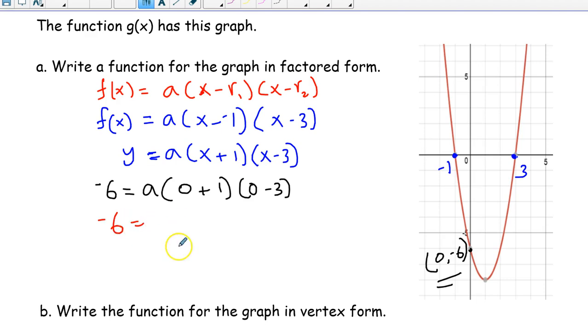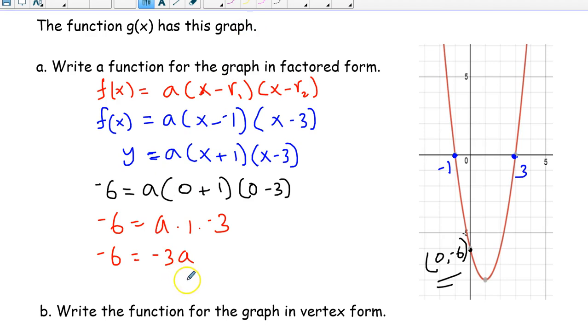-6 is equal to a times 0 plus 1 is 1 times 0 minus 3 is -3. That is nothing but -6 is equal to 1 times -3 is -3a, right? Just basic multiplication.